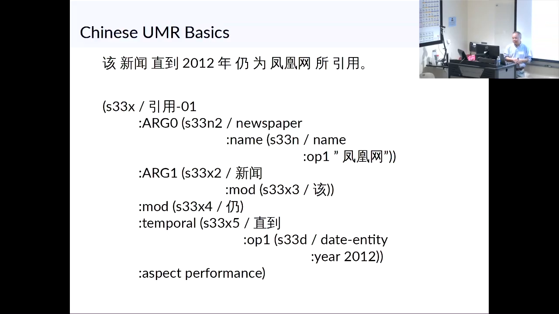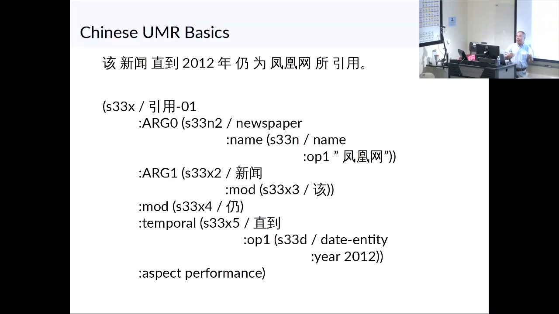If you look at the whole thing, what you can see is a combination of relations and abstract concepts that are used in UMR for all languages, and some that you use for individual languages.